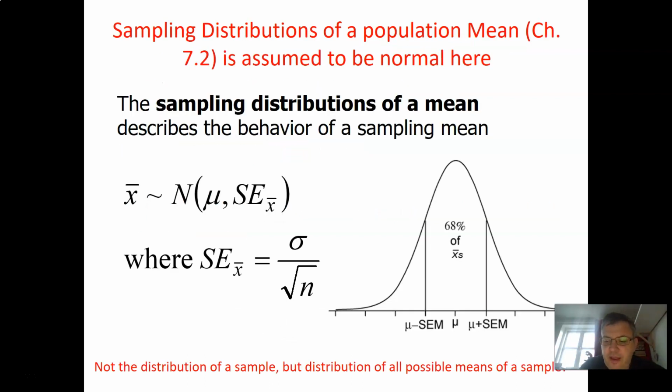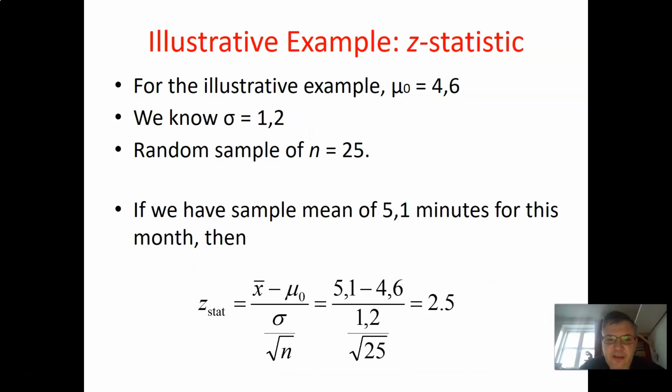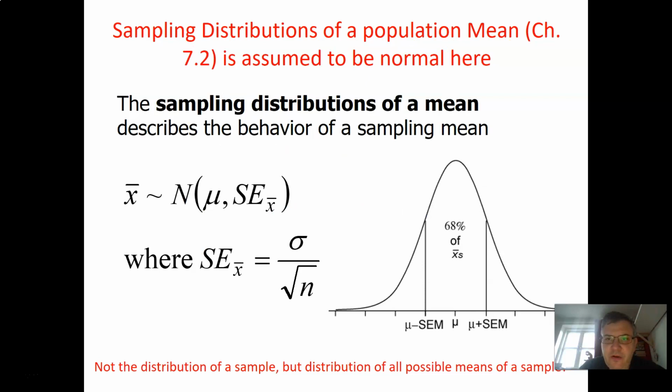In order to do that, we have to know about the probability distribution of a z-statistic, and it follows from the central limit theorem. Again, you can read about it in chapter 7.2 of the Bowerman book if you want to know more about sampling distribution and the central limit theorem.